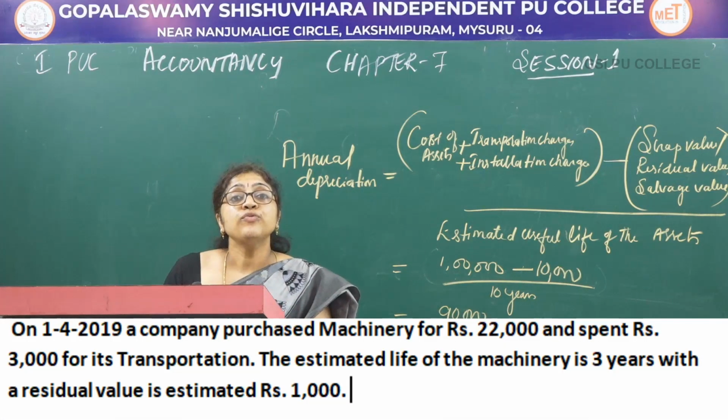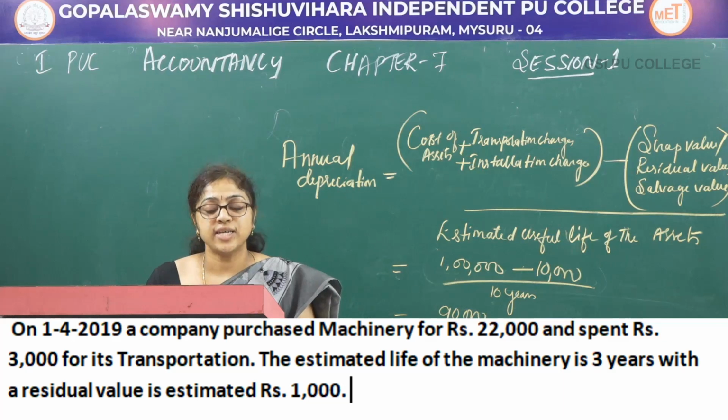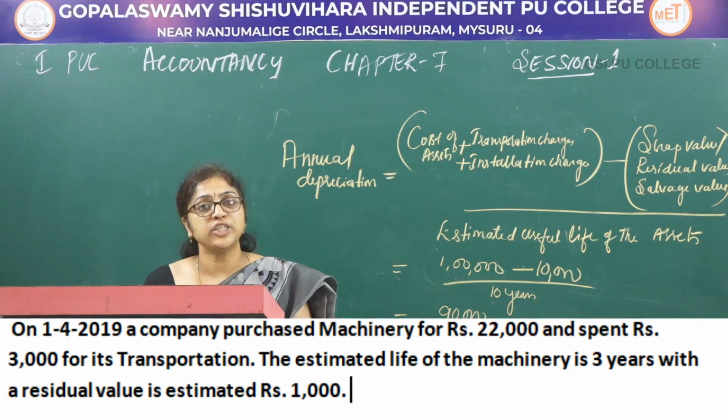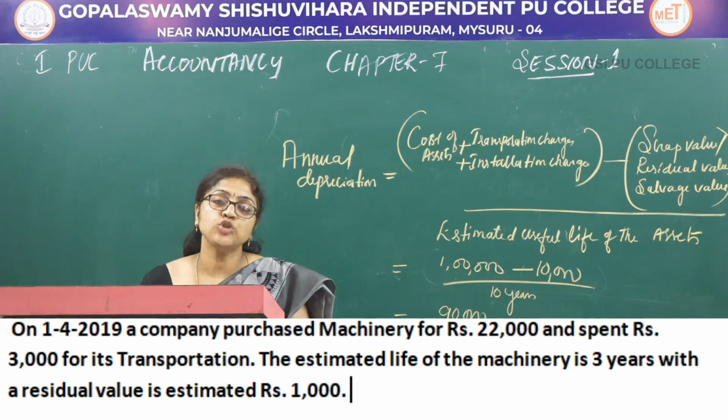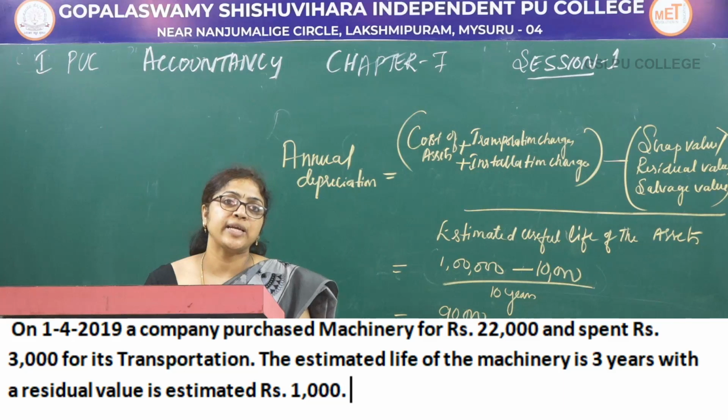This is the annual depreciation during the year. Next one, on 1/4/2019, a company purchased machinery for rupees 22,000 and spent rupees 3,000 for its transportation. The estimated life of the machinery is 3 years and its residual value is estimated at 1,000.